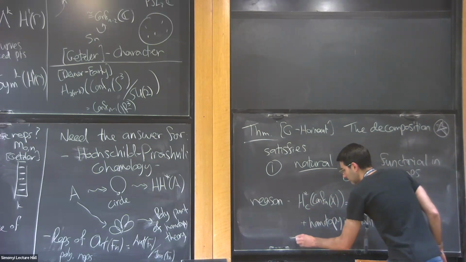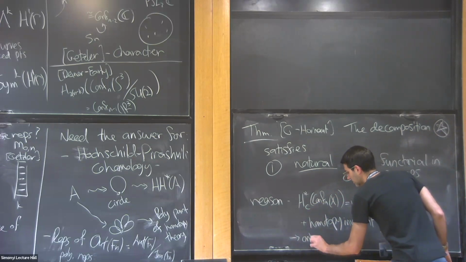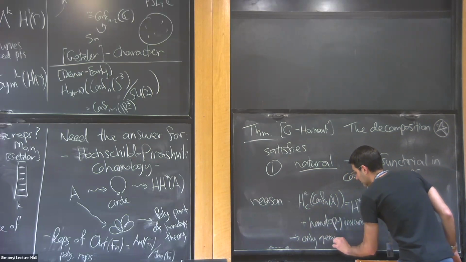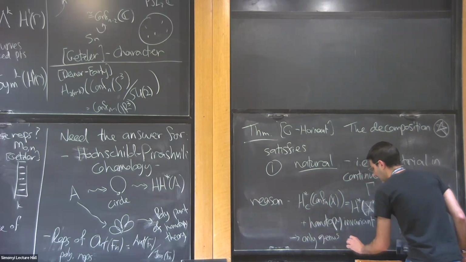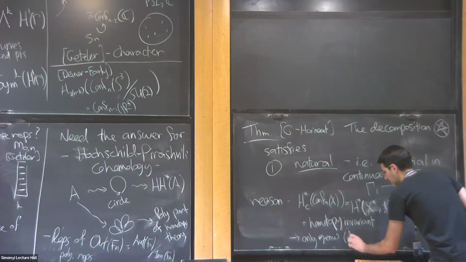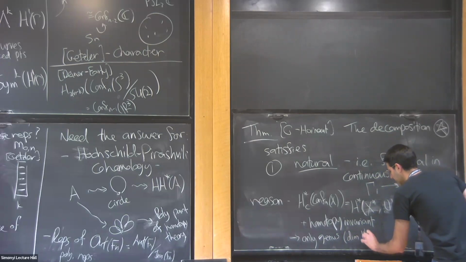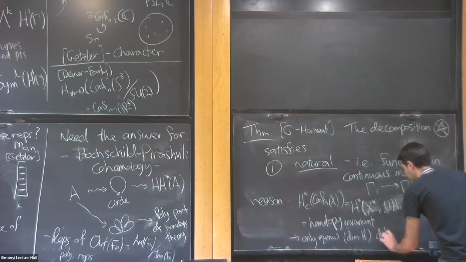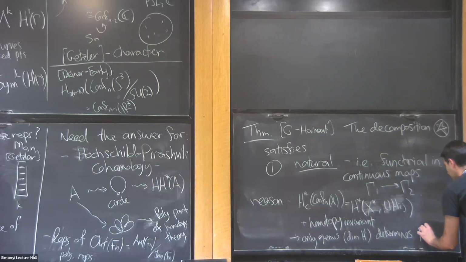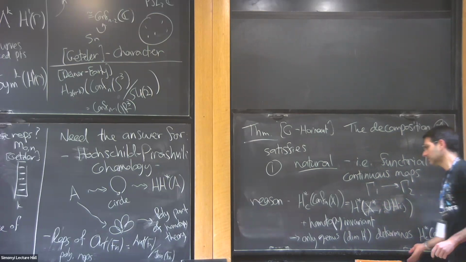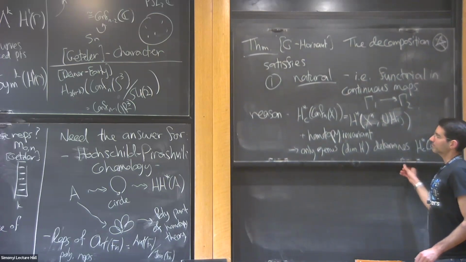So only the genus of the graph, which is the dimension of H1, determines the compact support cohomology of the configuration space, as opposed to the ordinary cohomology of the configuration space that's very sensitive to the local degrees and everything.